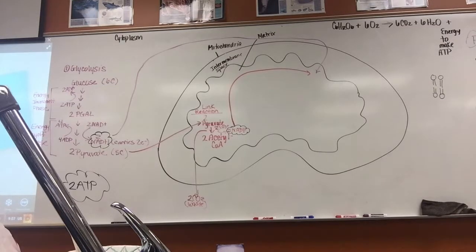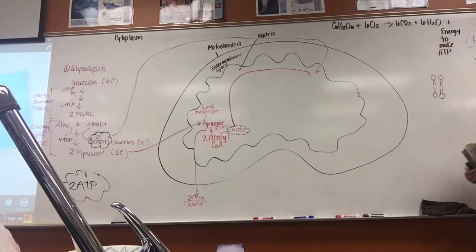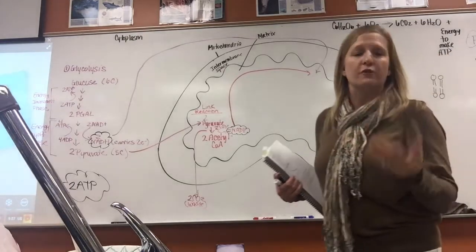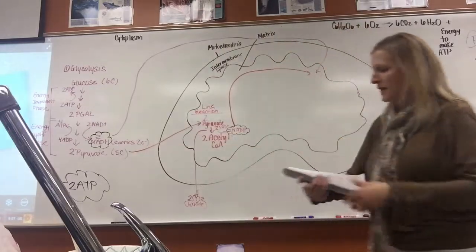Do we think that pyruvate can get through the lipid bilayer? It cannot. This is taking information from previous chapters: what kinds of things can get through a lipid bilayer? Well, the major interior part of the lipid bilayer is hydrophobic. So hydrophobic things can get through, or very, very small polar molecules, and pyruvate's not that small.